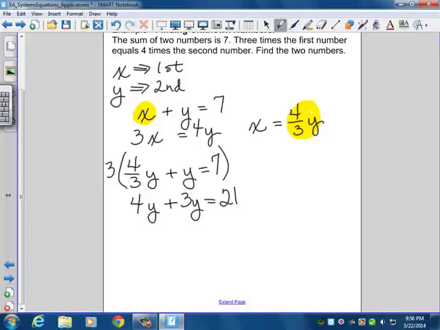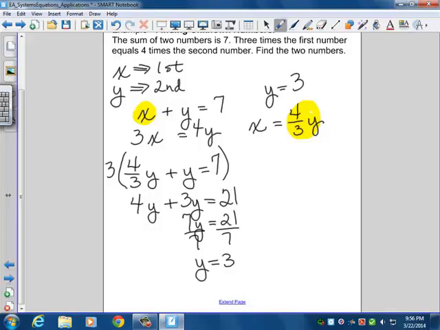We like that much better, don't we? 4y plus 3y, 7y, is equal to 21. Do you see where this one's going? Divide both sides by 7. Y is equal to 3. So now I have that at least one of the numbers, y, is equal to 3.